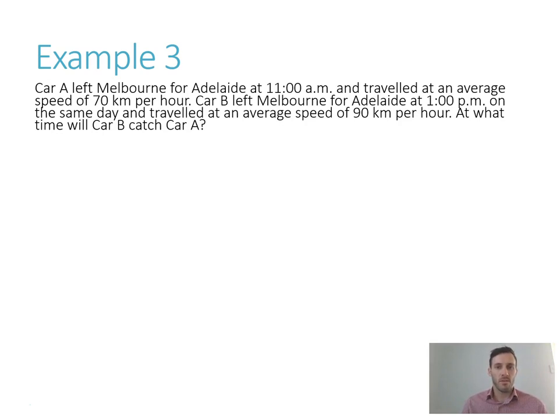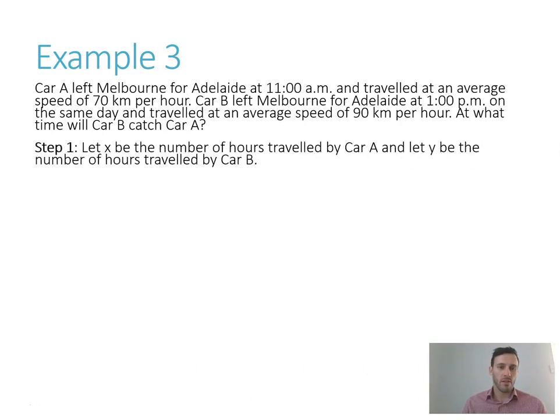Now, this is a little bit harder than some of the examples we've been doing. So we're going to first of all decide on the two unknowns. In this example, we're going to use X as the number of hours travelled by car A and Y as the number of hours travelled by car B. Now, this is the hard part, deciding on the equations.